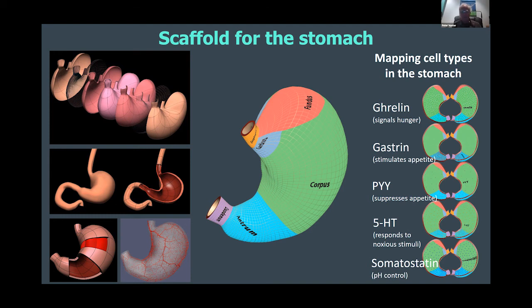And then it also shows the vascular system for the stomach, shown here on the outer surface of the stomach. And then the middle image shows the various regions of the stomach: fundus, corpus, antrum, etc. And again, the underlying coordinate framework is common for all species.